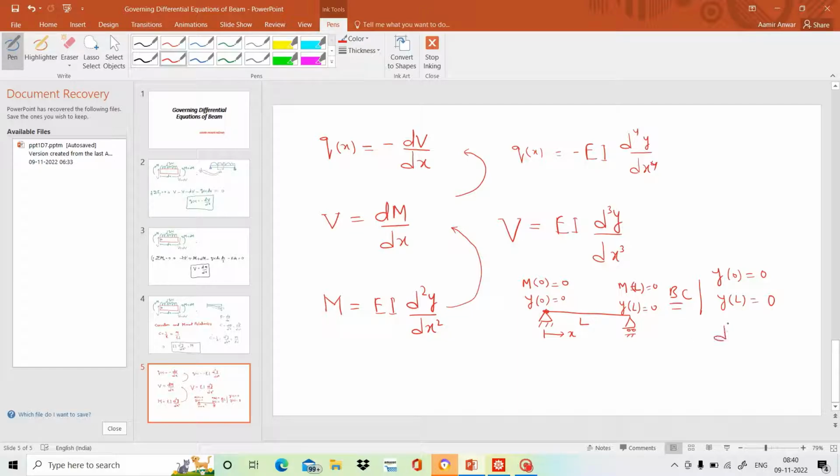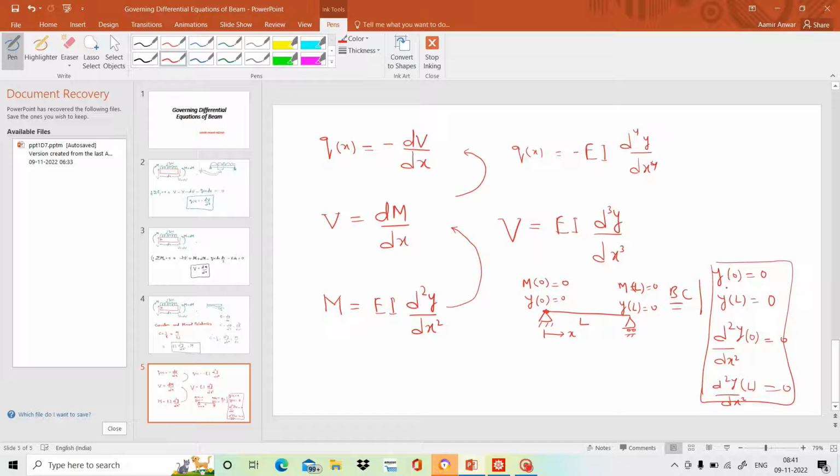So d²y/dx² at x equals 0 is 0, and d²y/dx² at x equals L is also 0. So we have these four boundary conditions.